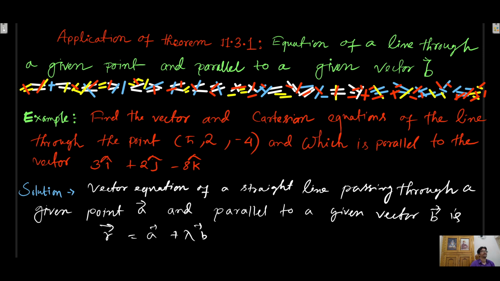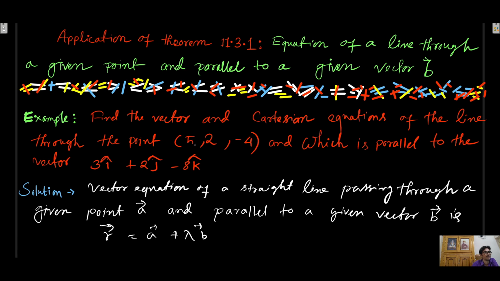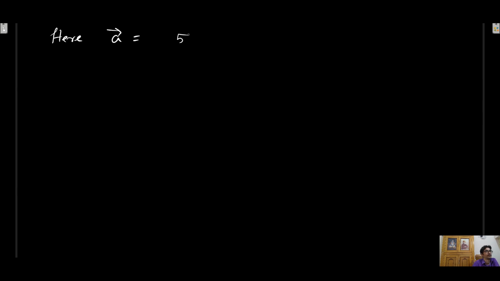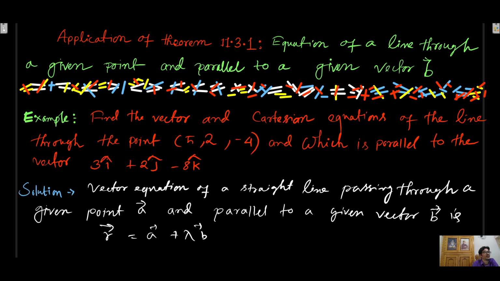So here a vector equals what is given. The coordinates of the point are (5, 2, -4), so 5i cap plus 2j cap minus 4k cap.